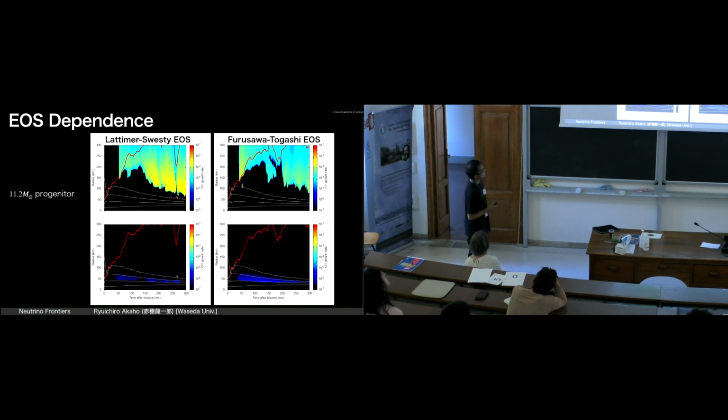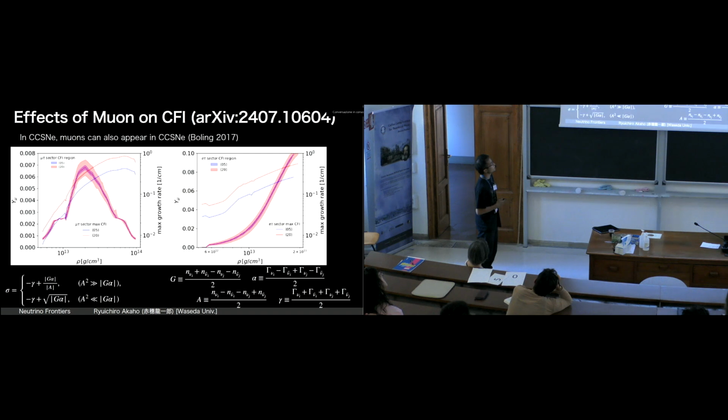And also we investigated the equation of state dependence. We are not sure how this difference is made due to the difference of the equations of state, but we also confirmed that the equation of state certainly affects the occurrence of the flavor instabilities.